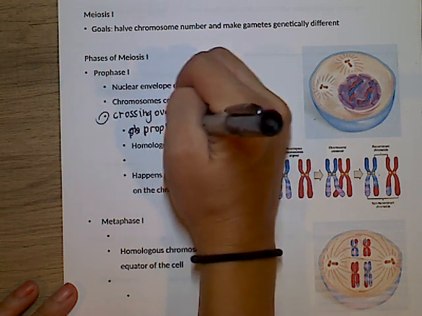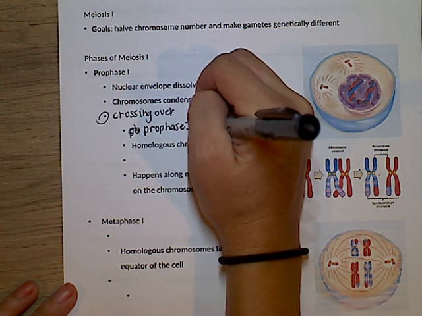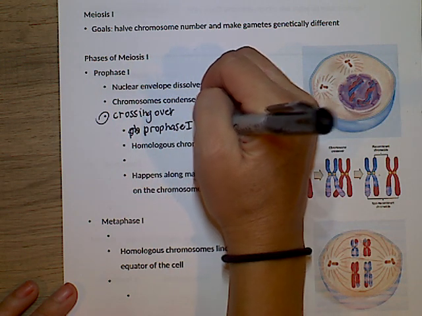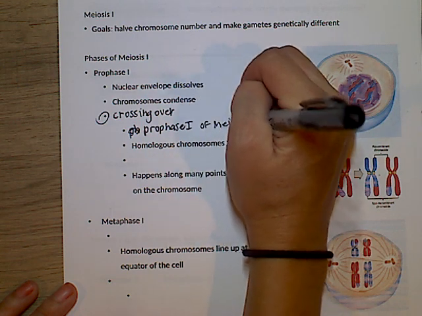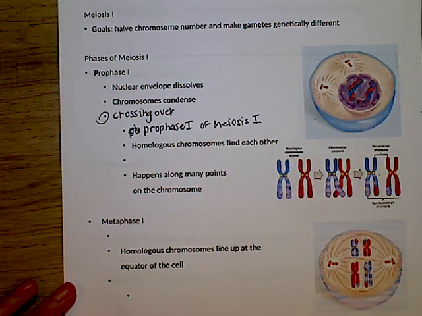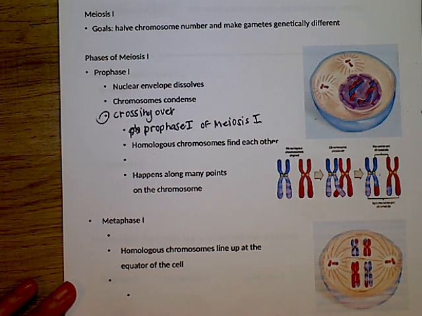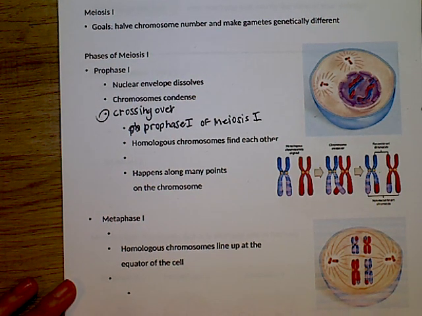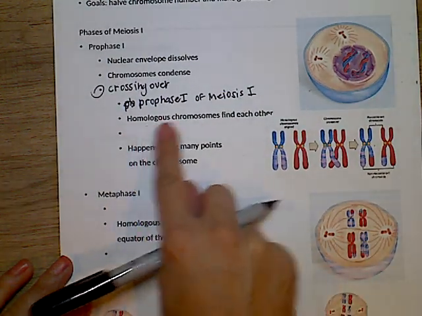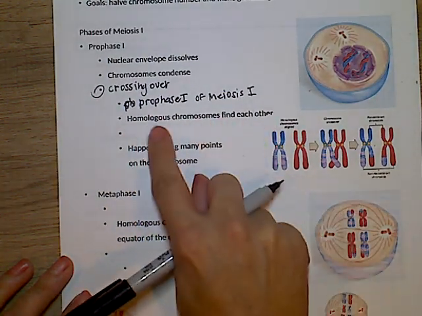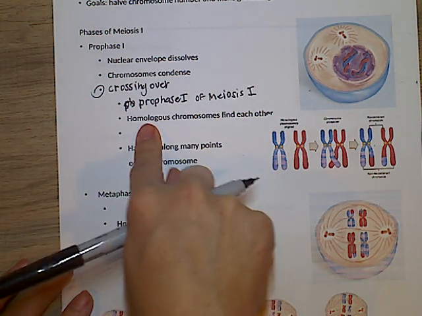Of meiosis 1. And during this process, homologous chromosomes find each other. And if you remember, homo means the same.